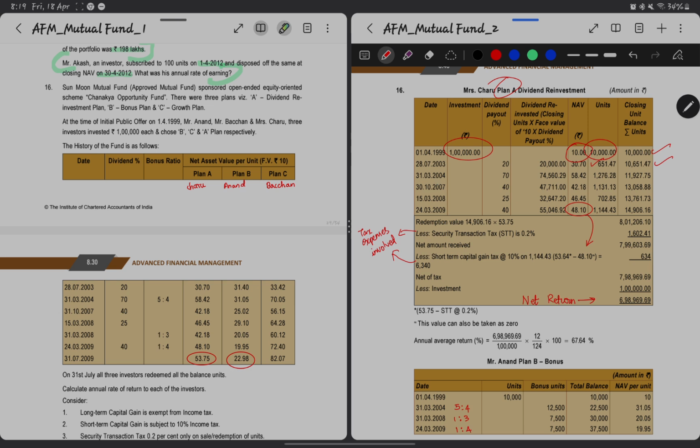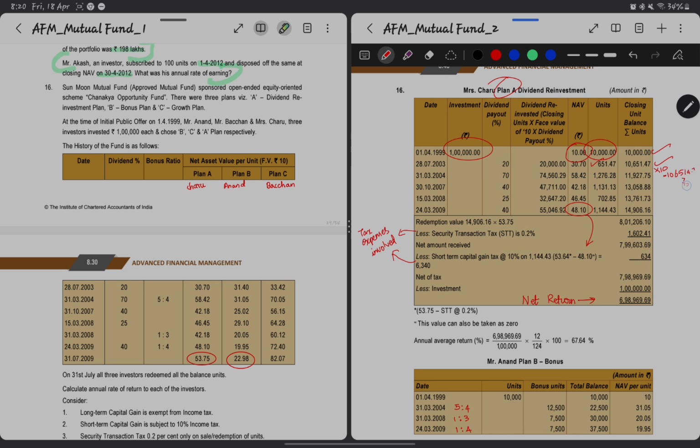Same way, in the next year, 70% dividend was issued. So 70% of the existing mutual fund units. Here the existing units are 10,651 multiplied by 10, which is 1,06,514.